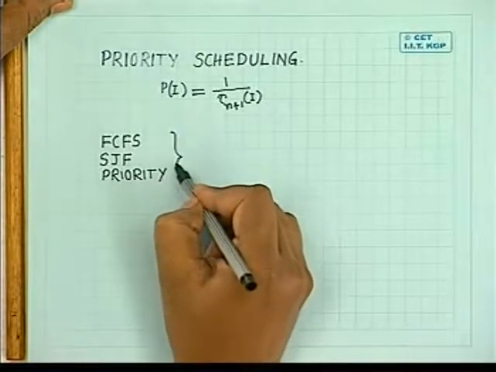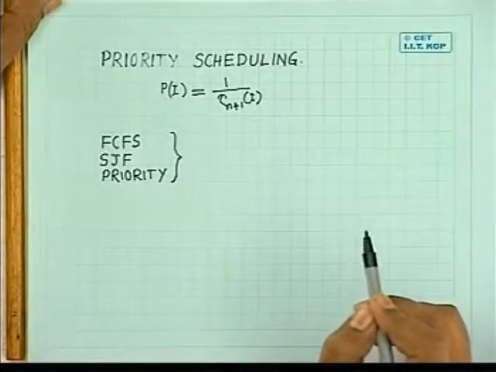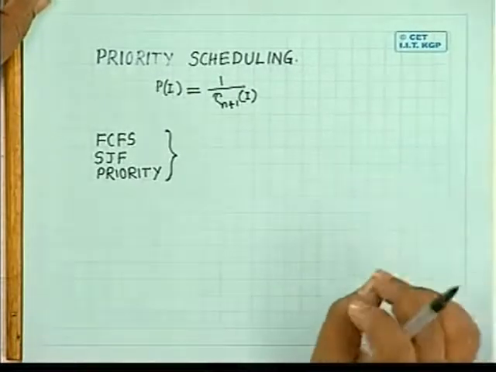In these scheduling techniques, you must have noticed one thing, that we have assumed that once a job is given to the CPU for execution of its next CPU burst, the CPU cannot be taken out of that job until and unless that particular CPU burst is complete. That means our assumption is, once a job is given to the CPU for execution of a CPU burst, that current CPU burst must be complete before allocating the CPU to the CPU burst of any other job.